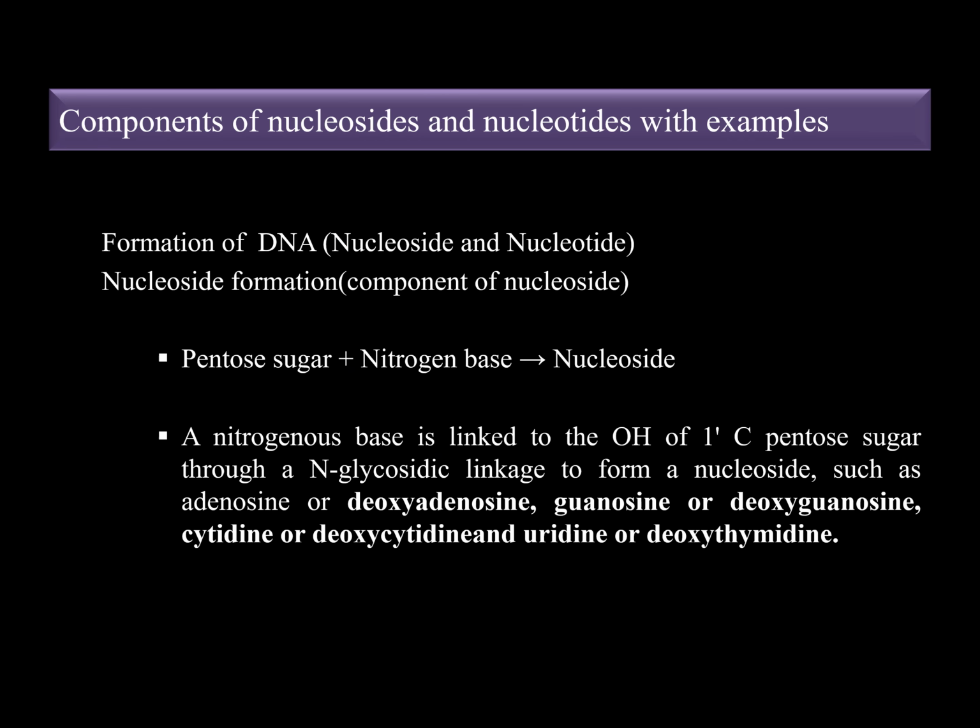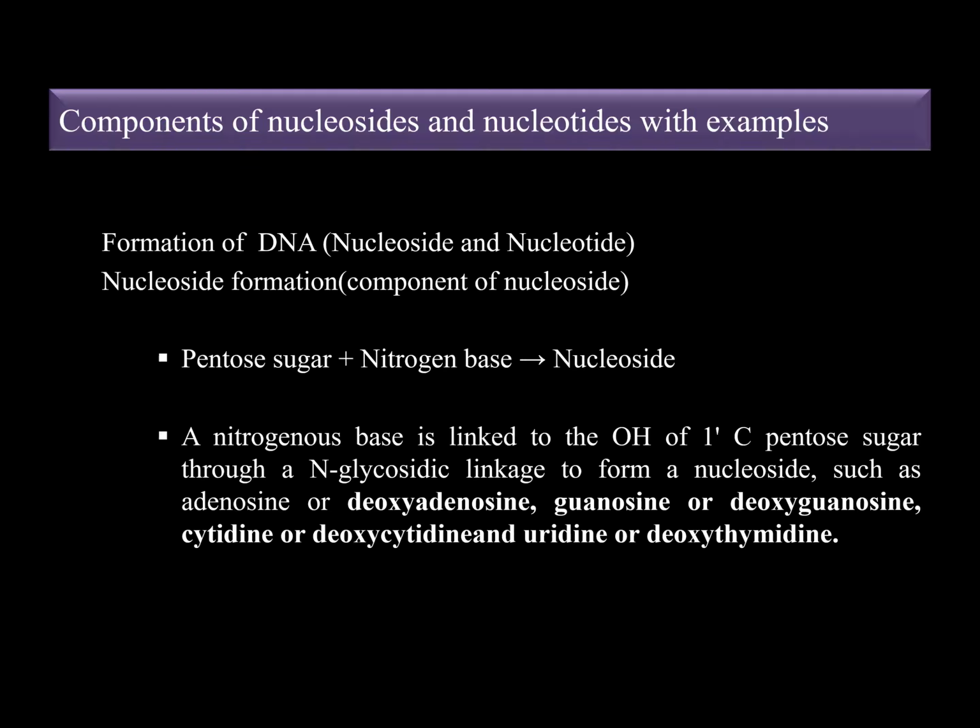Now we learn the formation of nucleoside and nucleotide. First, let us understand nucleoside. When a pentose sugar combines with a nitrogen base, it forms a nucleoside. This happens when the nitrogen base is attached to the 1 carbon of the sugar.